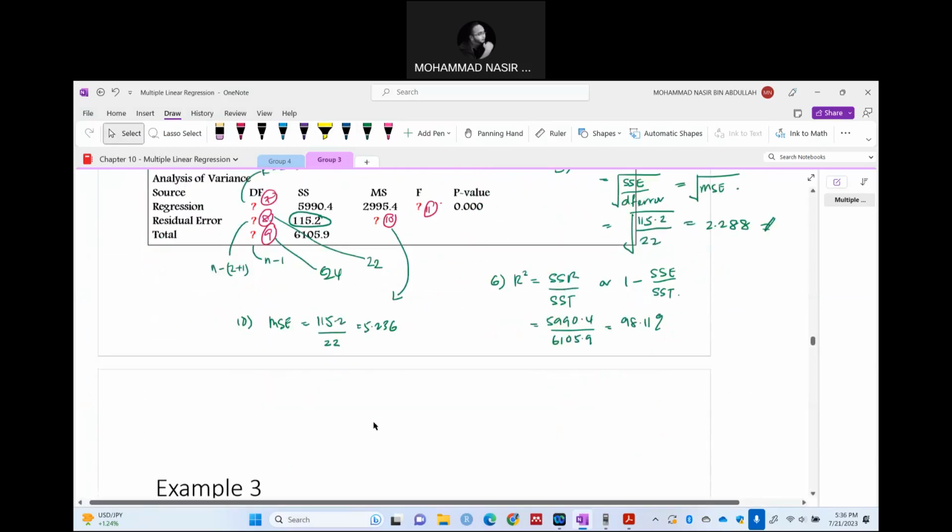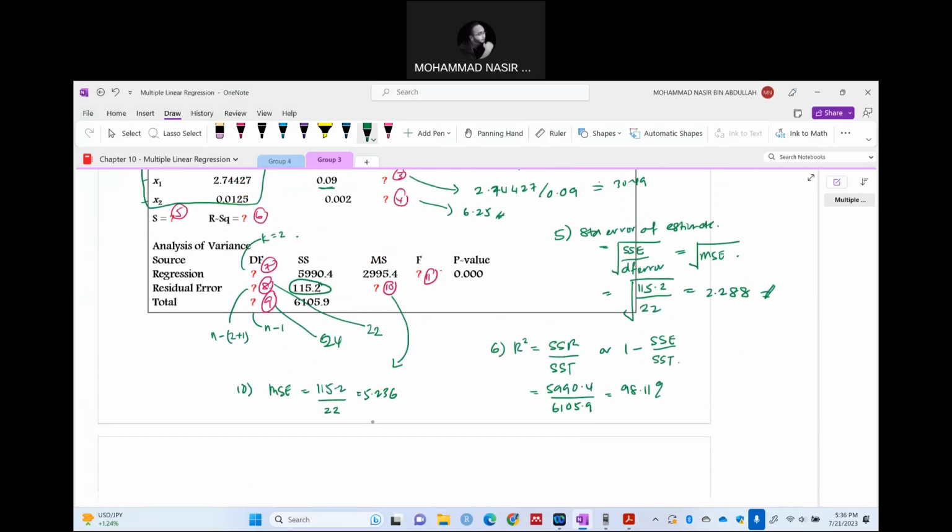And the last one, which is 11. 11 is the F value. F is equal to MSR divided by MSE. So this one should be 2995.4 divided by 5.236. So this one should be 572.04. Right. This is how you complete the table.